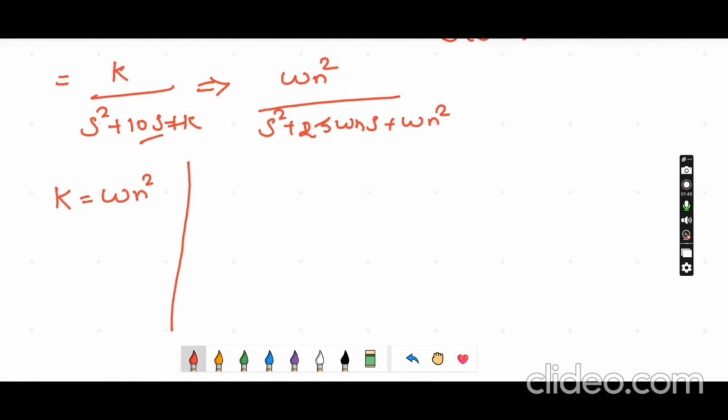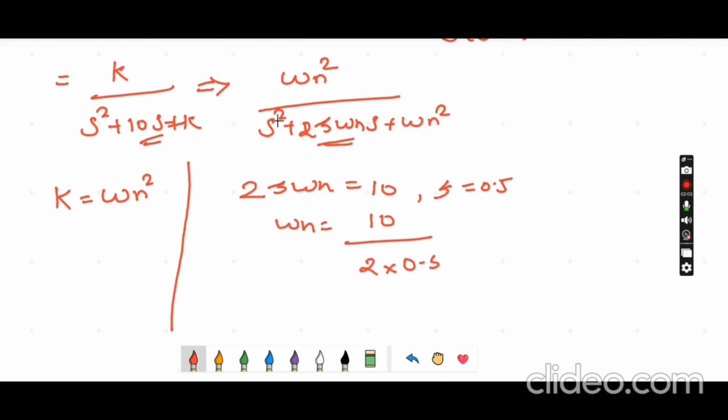Next, we equate the coefficient of s, that is 2 zeta omega n equal to 10. The given value of zeta is 0.5. So omega n is 10 by 2 into 0.5, so the answer is 10 radians per second. Omega n is 10 radians per second. So k value becomes 10 square, so k is nothing but 100.